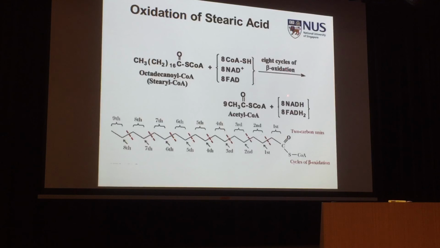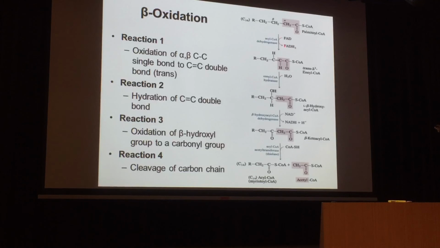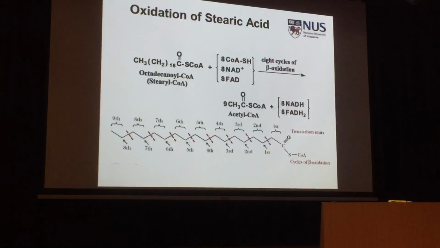And 8 cycles of oxidation will give you 8 NADH and 8 FADH2, because in the previous process we had one FADH2 and one NADH produced. So 8 cycles will give you 8 of each. Why do we need that information? Because this will help us calculate how much ATP is produced by this oxidation.